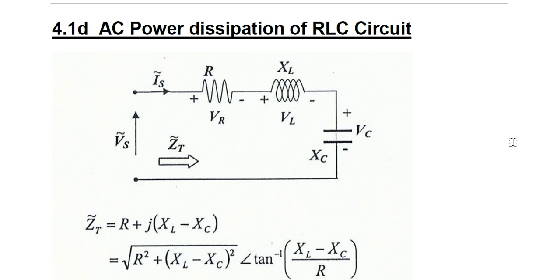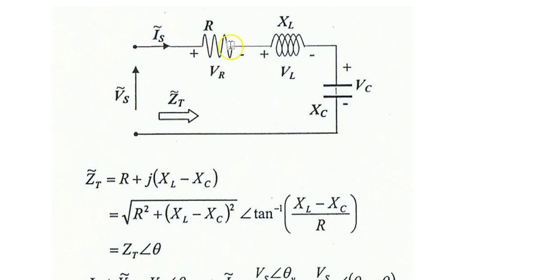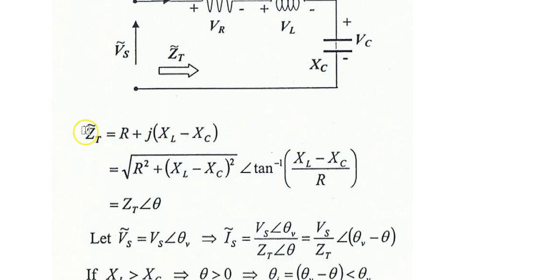So if we were to look at a circuit with a combination of a resistor, an inductor, and a capacitor, then what happens? We can apply the earlier theory that we have examined. Let's look at the total impedance of this circuit, where a resistor, inductor, and a capacitor are connected in series. From here we can deduce the total impedance of this circuit, and we can get the polar version. That means we can get a magnitude as well as an angle.